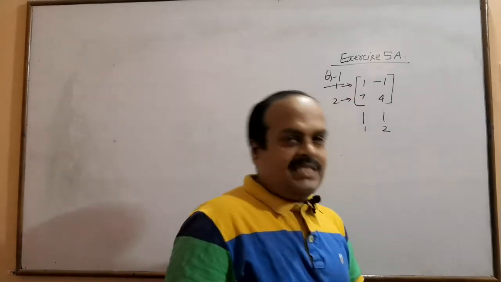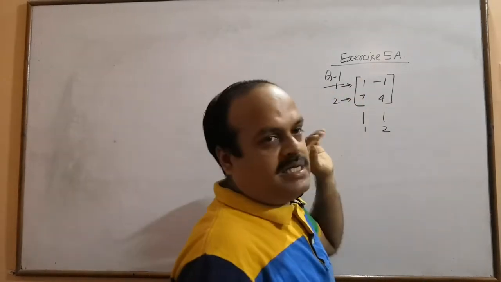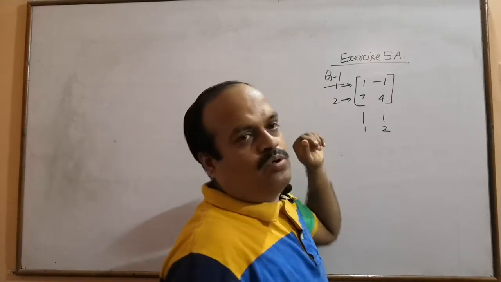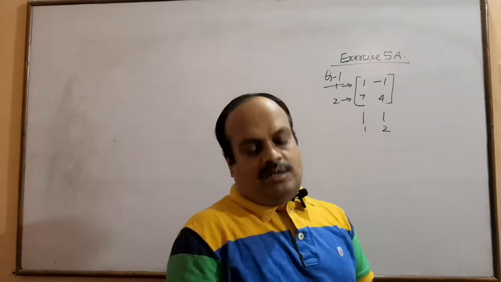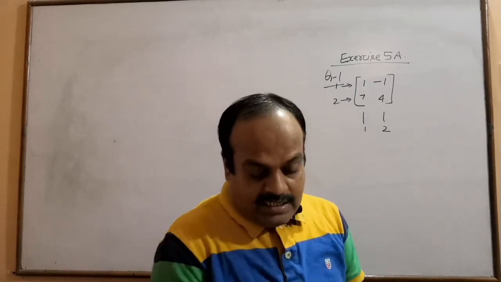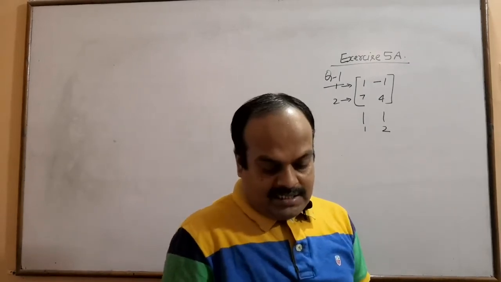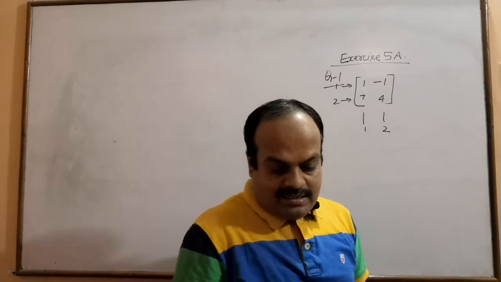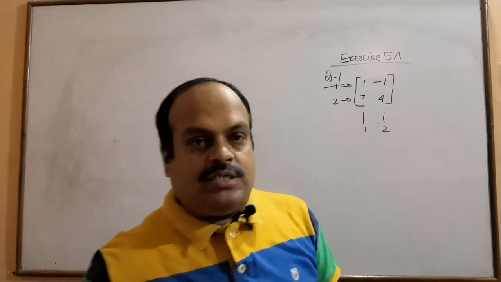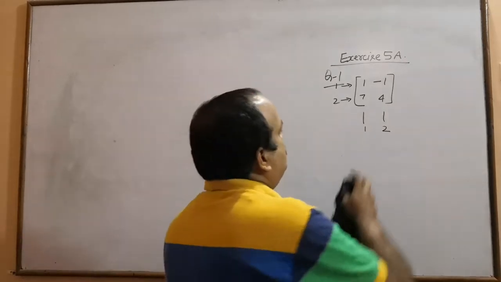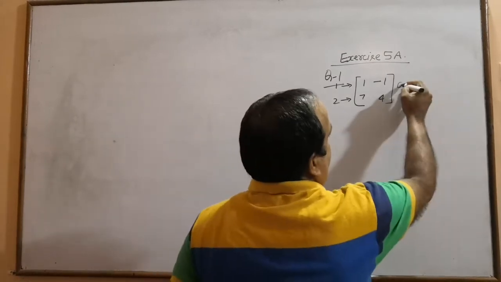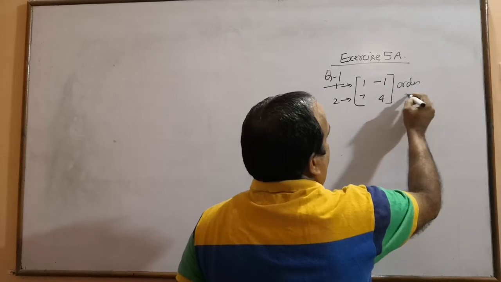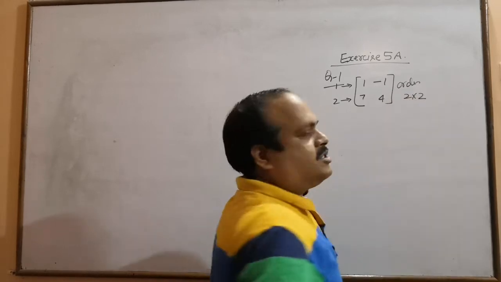So we see that this matrix has 2 rows and 2 columns. What is asked? Write down the order of each matrix given below and the number of elements in each. So here the order will be 2 cross 2.